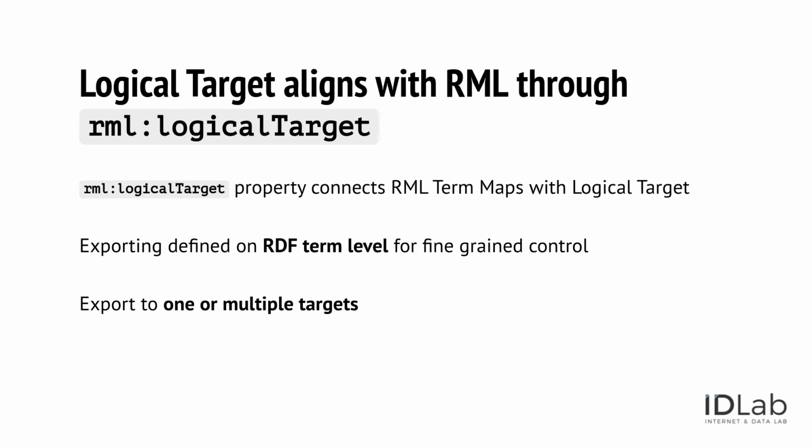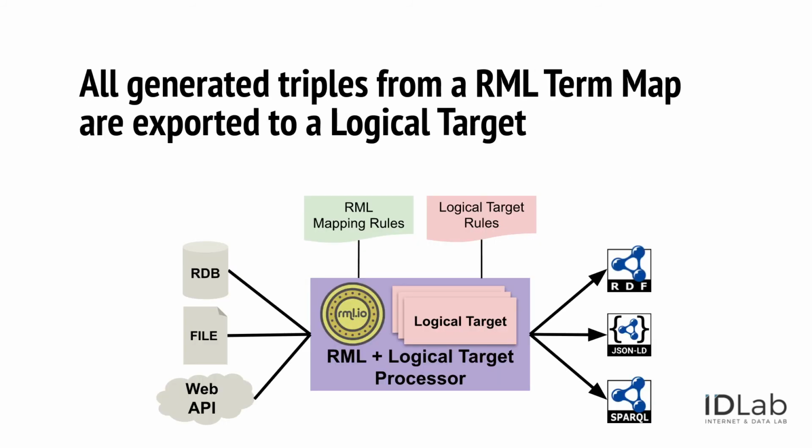So each term of an RDF triple can be directed to a different target. Moreover, we can export it to one or multiple targets at the same time by defining multiple logical target properties across multiple RML term maps. So in general, all generated triples from a specific RML term map are exported to a specific logical target.